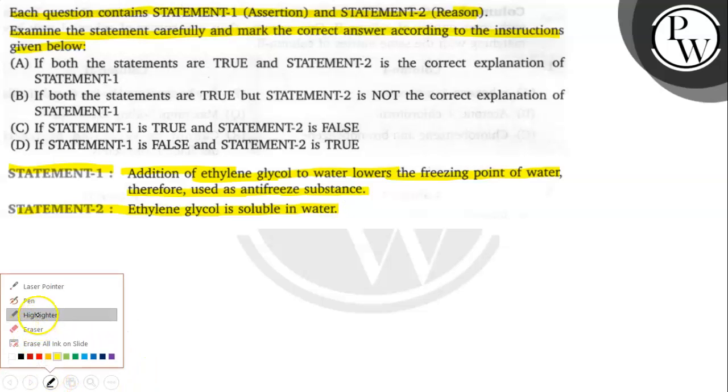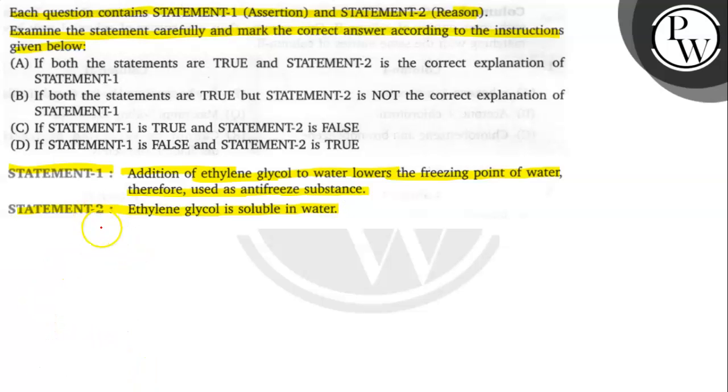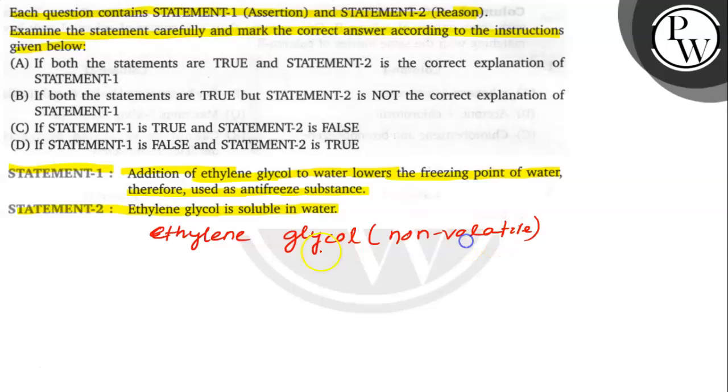Let's check for statement 1. So when ethylene glycol, so this is a non-volatile substance, so when ethylene glycol is added to water, then the freezing point of the water lowers.